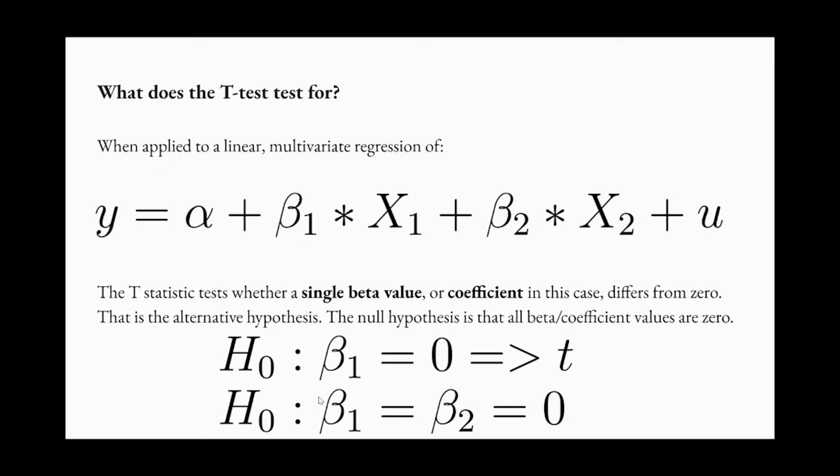And then the null hypothesis for an f-test is whether beta 1 equals beta 2 equals 0. And the alternative hypothesis for the f-test would be whether at least one of these coefficients in the multivariate regression does not equal 0, or statistically different from 0.